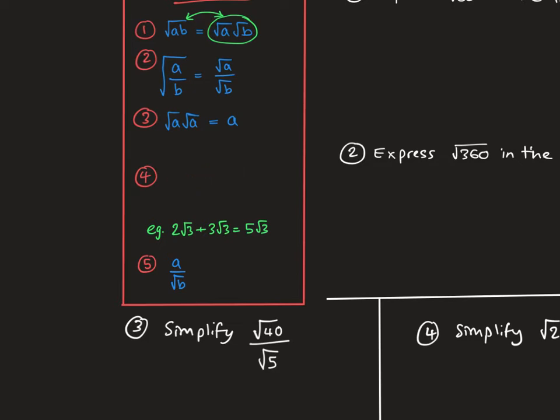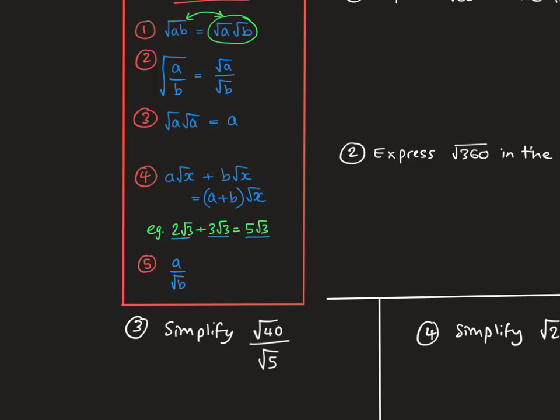What we have here is, say, a root x plus b root x. That will give us (a plus b) times root x. We can add the numbers in front of the root x. And here's an example. If we have 2 root 3 plus 3 root 3, as long as the root 3s are the same, we can add the numbers in the front. It works very much like algebra. So 2x plus 3x would be 5x.